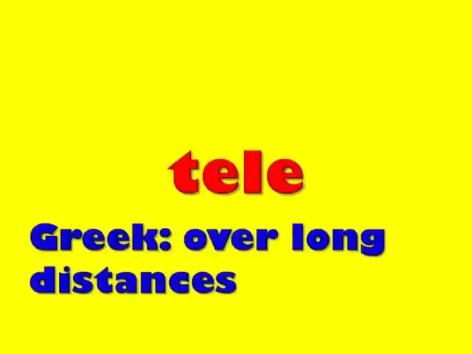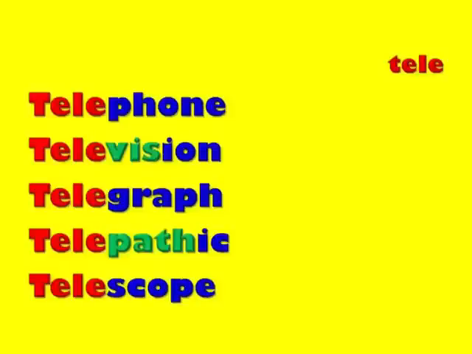Tele is a root word that comes to us from Greek, and it means over long distances. In the word telephone, phone is also a root word that comes to us from Greek that means sound or hearing.